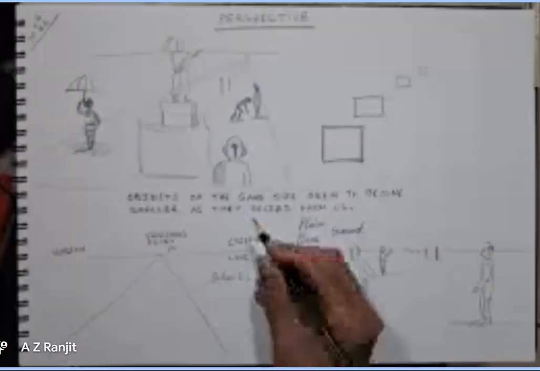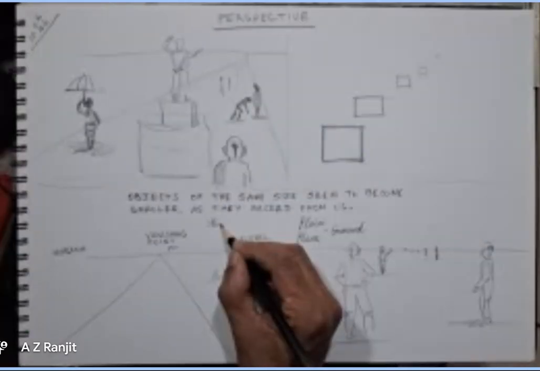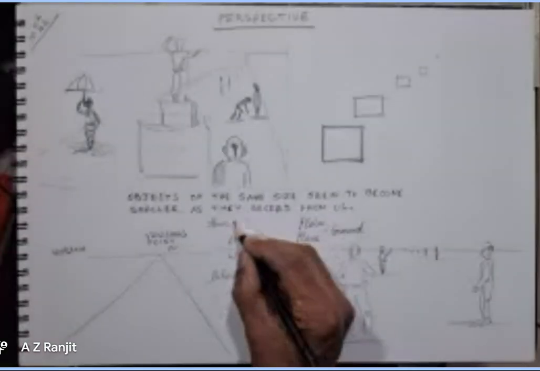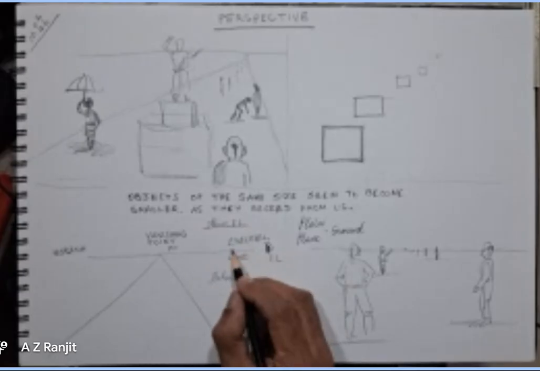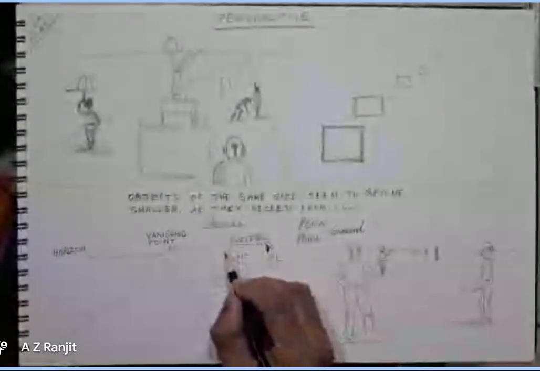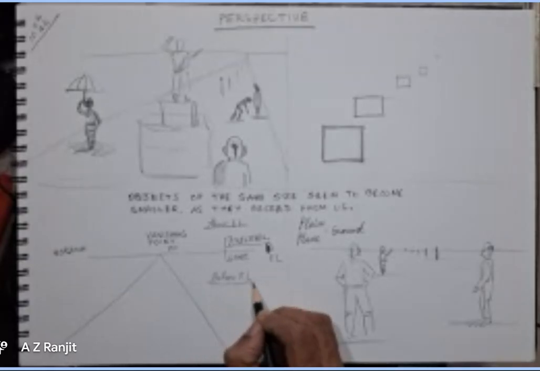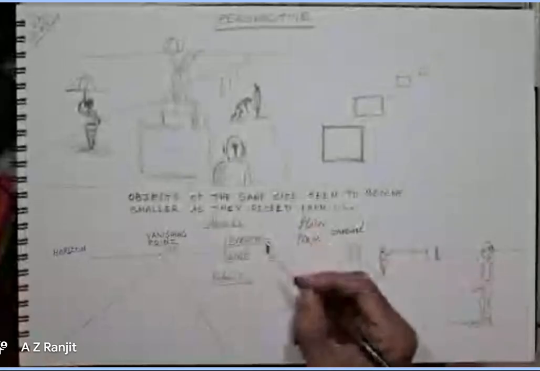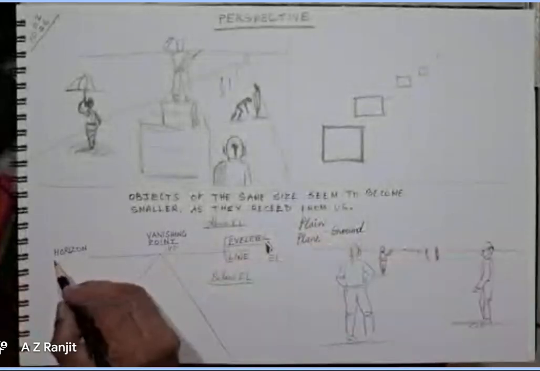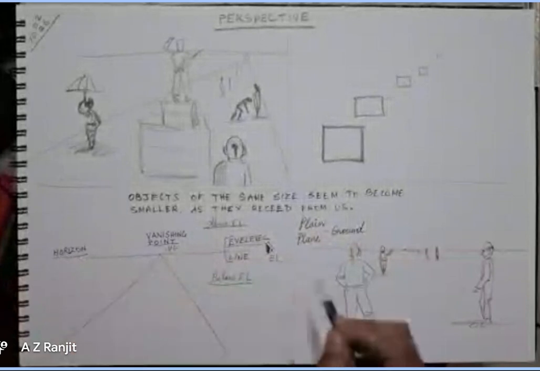Above eye level, obviously. So these are terms that are very important to us. And AEL, BEL becomes important, horizon line.